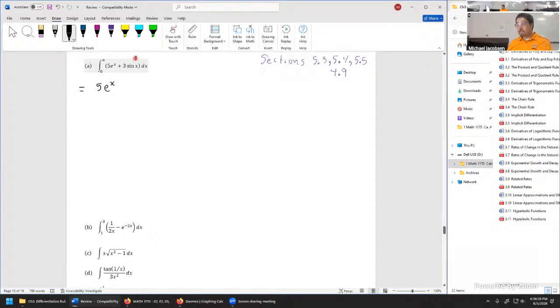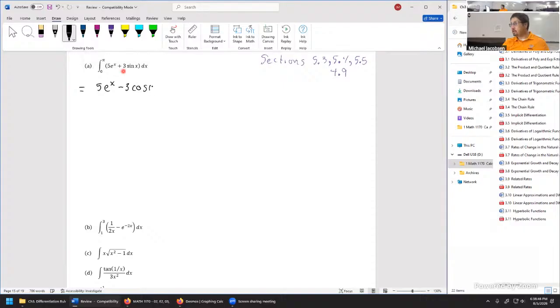We have 3 sine x there, so we have to ask ourselves and answer the question, the derivative of what in that position will give us a sine? Well, it's tricky in a certain sense because the derivative with respect to x of cosine is not a positive, it's a negative sine. So to make this come out just right, we have to flip the sign on this one.